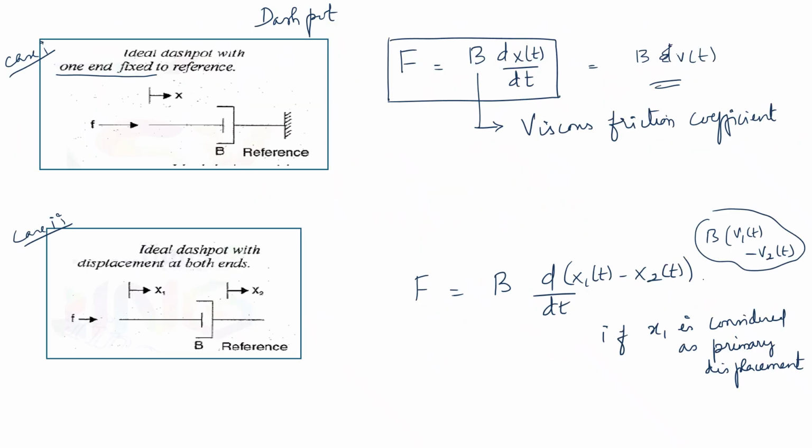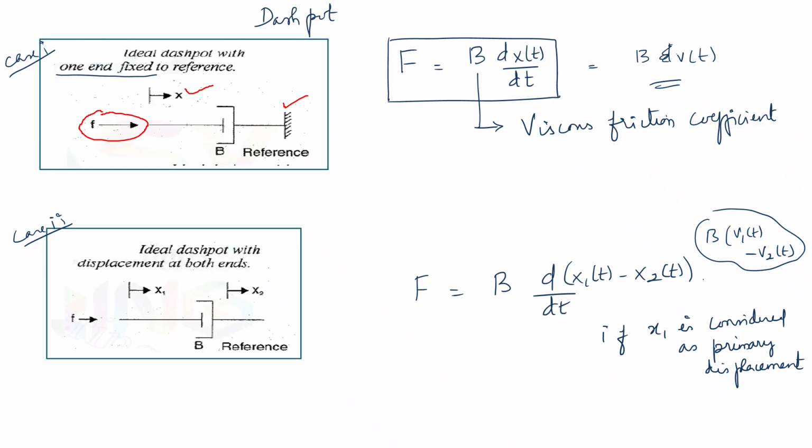Similarly, we can write the force equations for the viscous friction coefficient. In case 1, the viscous friction coefficient is considered to be fixed to one end. A force is applied, and because of that force, a displacement x of t is considered to be the output.